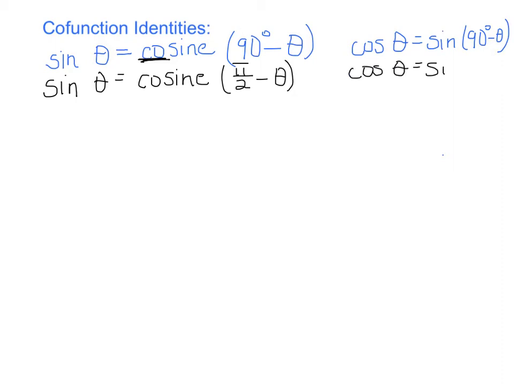Then you'll just change the 90 degrees to radians. But on the radians, you'll probably have to get common denominators. Then you have tangent. Well, tangent is one of the easier ones because, of course, its cofunction is cotangent.